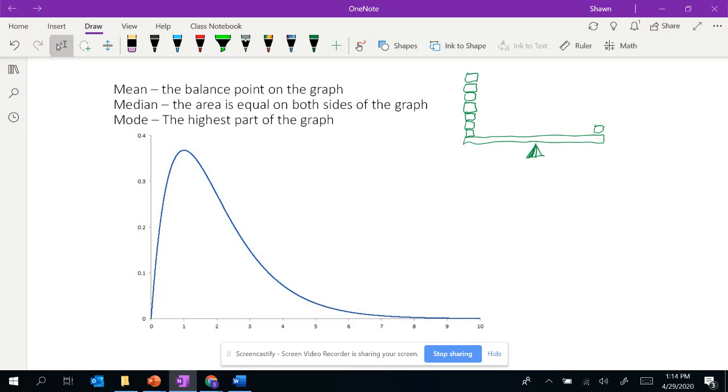Now this would obviously fall down this way unless we moved where the fulcrum was. So what we can do is move this fulcrum way over here like this, and then this would be kind of balanced. It might balance at that spot right there.